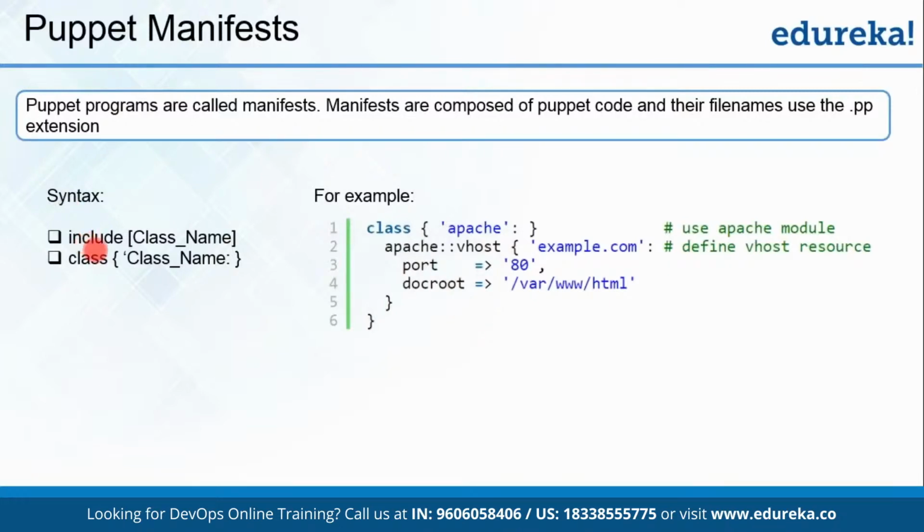Either you can just write include and the name of the class, or if you don't want to use the default attributes of that class, you can make the changes by using this particular syntax. That is, you write class, open the braces and the class name, colon, whatever attributes you want apart from the ones which are there by default, and then finally close the braces. All right. So now I'll execute a manifest practically that will install Apache on my nodes.